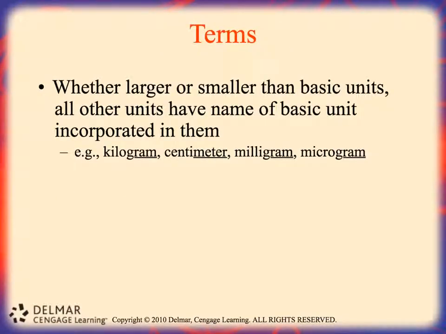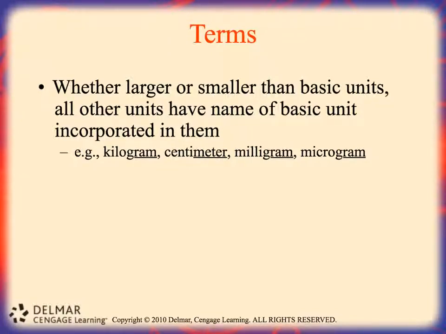You can learn these fairly quickly because even when we begin to add our prefixes, which denote larger or smaller than the basic units, all of the other units have the name of the basic unit in it. So when we're talking about kilogram, we know we are dealing with weight. When we talk about centimeter, we know we're dealing with length.